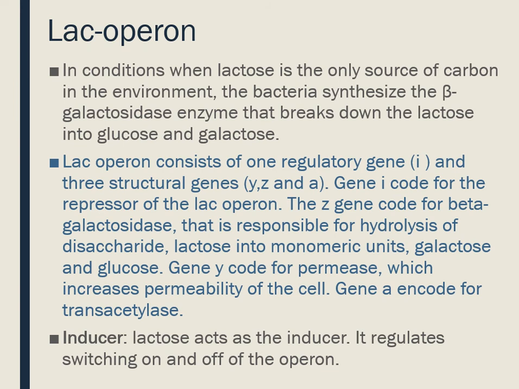Gene A encodes for trans-acetylase. Now what is the function of trans-acetylase? It catalyzes the trans-acetylation of lactose in its active form. And then the inducer: lactose acts as an inducer. It regulates switching on and off of the operon.